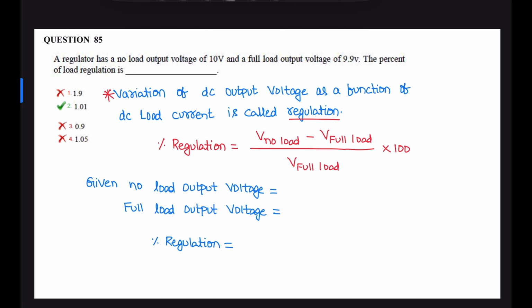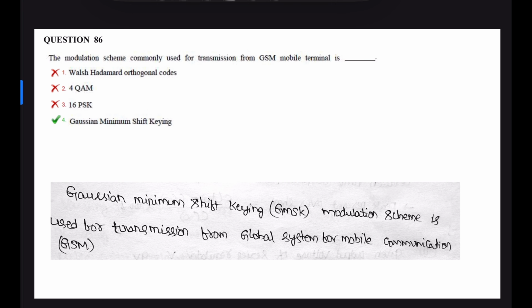That is, given no load voltage 10 volts and full load voltage 9.9 volts, percentage regulation is 10 minus 9.9 divided by full load voltage 9.9 into 100. It is 1.01%. Regulation is 1.01%.